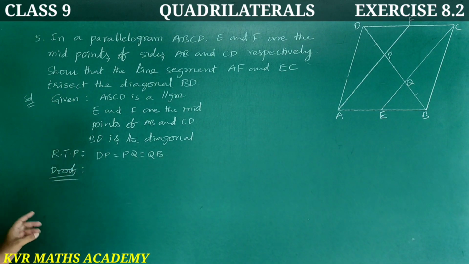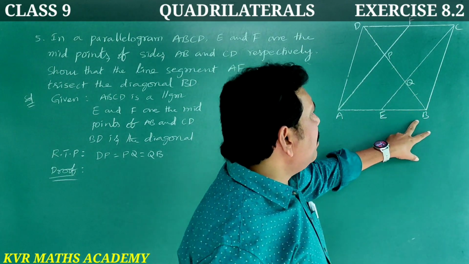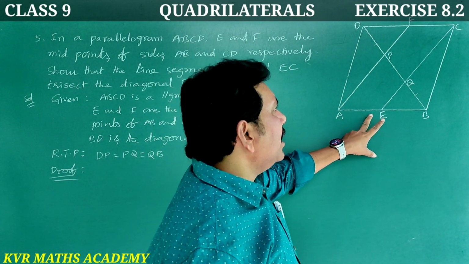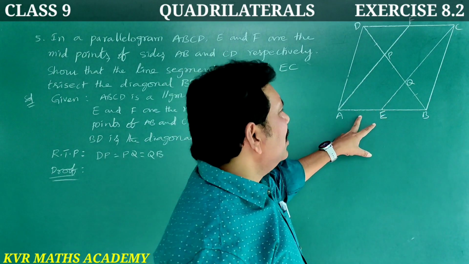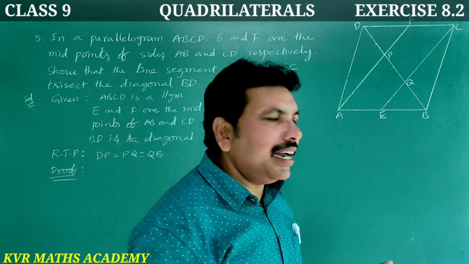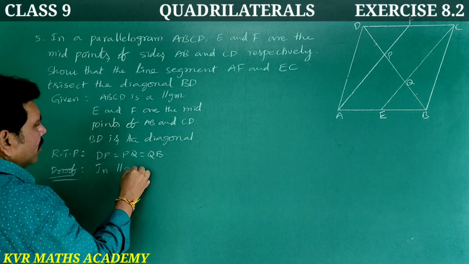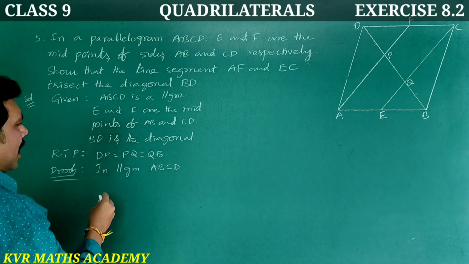In the parallelogram ABCD, AB is parallel to CD. In the same way, AE is parallel to FC, isn't it? Because E and F are points on AB and CD. In parallelogram ABCD, opposite sides are parallel, no?